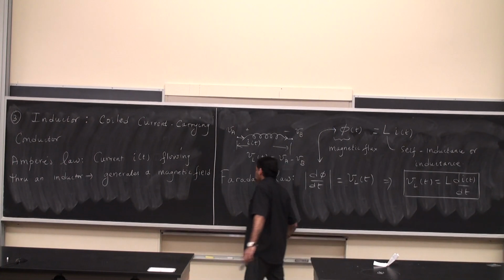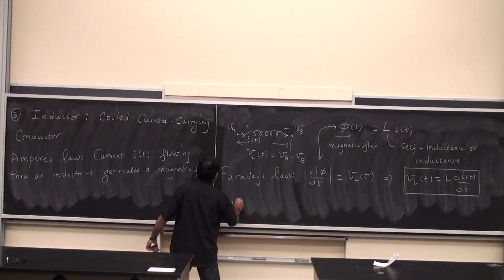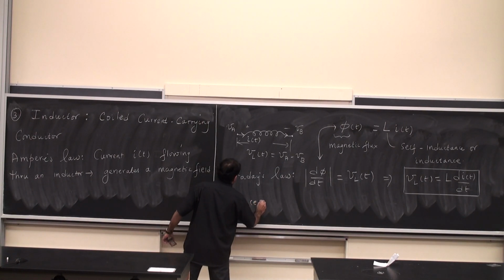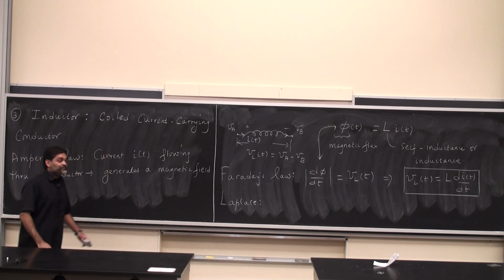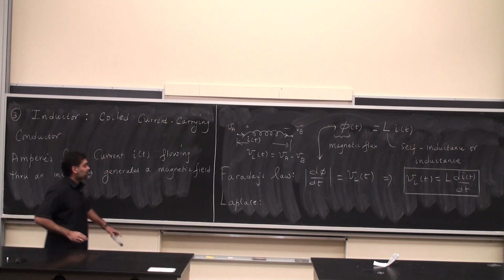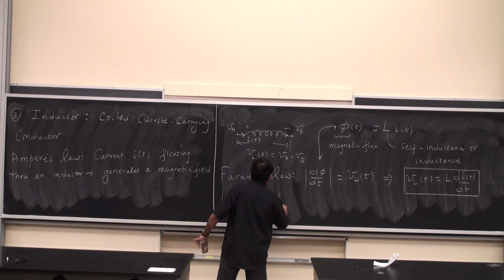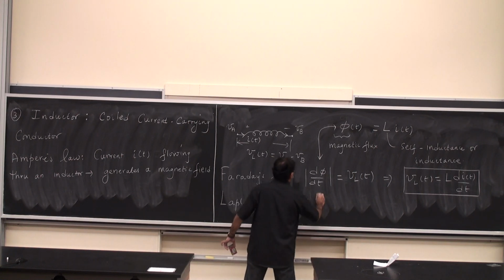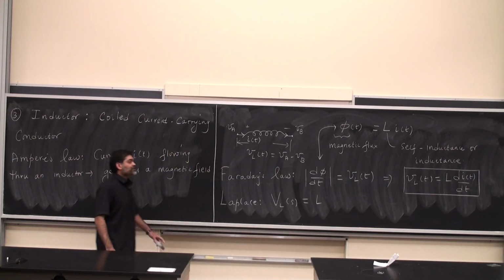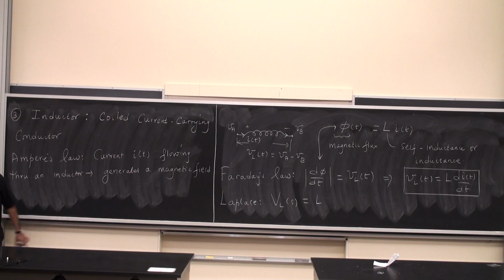Laplace domain. Switch off all initial conditions. Laplace of VL of t is VL of s, and L times Laplace of di by dt is s times I of s.